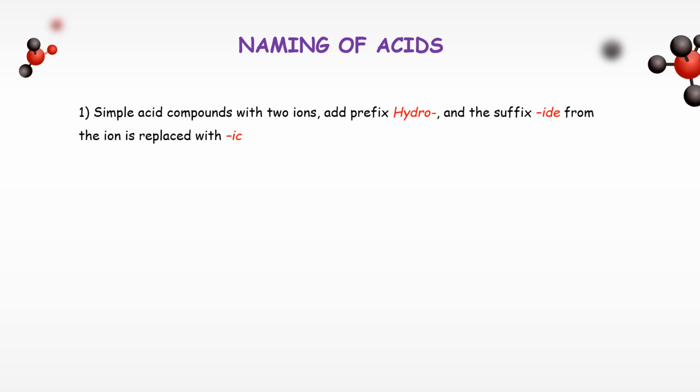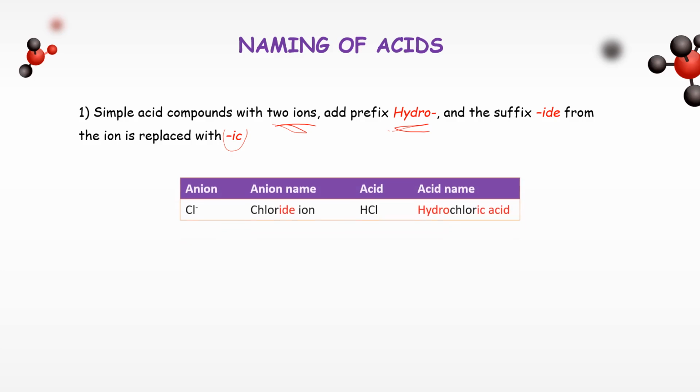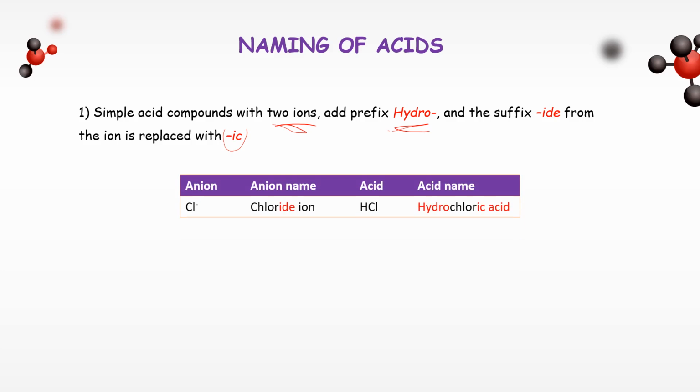For the first case, we have simple acid compounds with only 2 ions, so we add the prefix hydro at the front of the name, and the suffix "ide" from the ion is replaced with "ic". Let's take a look at the example. We have the ion Cl minus, the anion name is chloride ion, and the symbol is HCl.